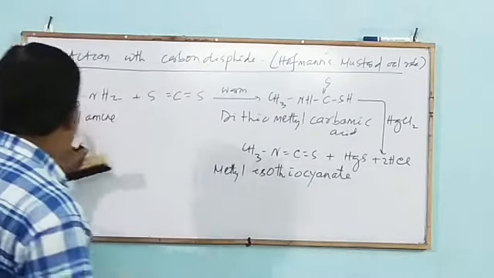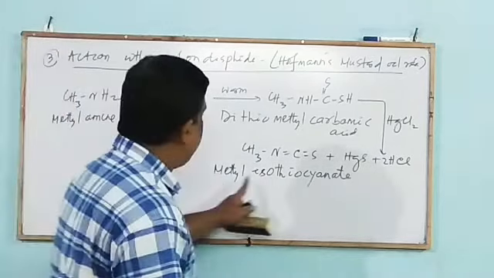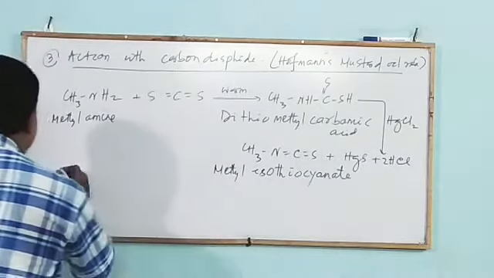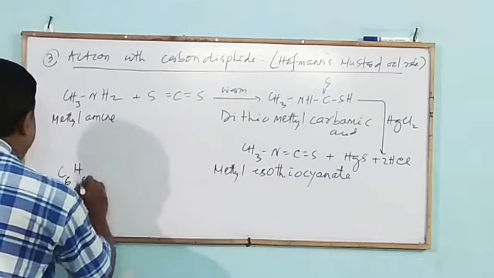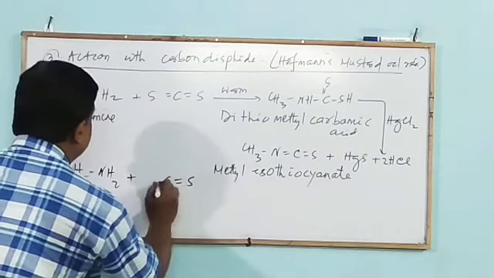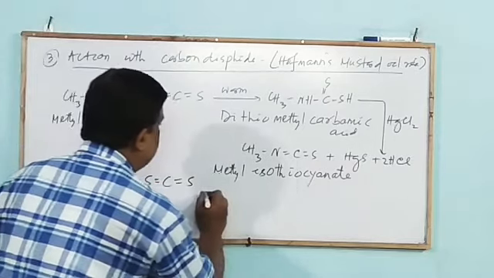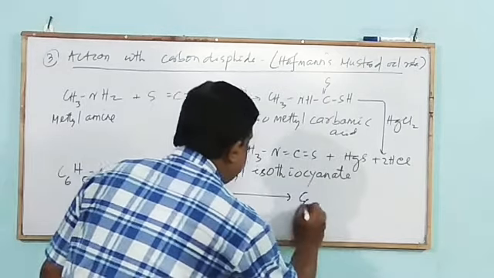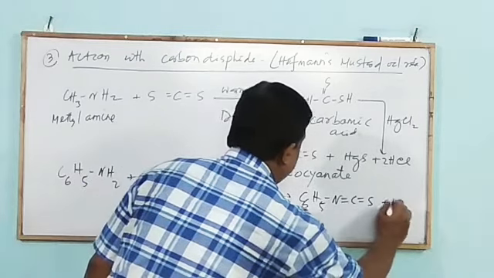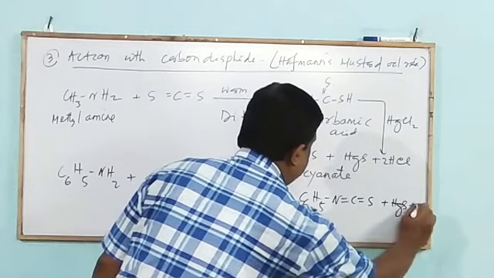So if we select methylamine, then methyl isothiocyanate. If we select aniline or phenylamine, then the final product is C6H5NCS plus HgS plus 2HCl.